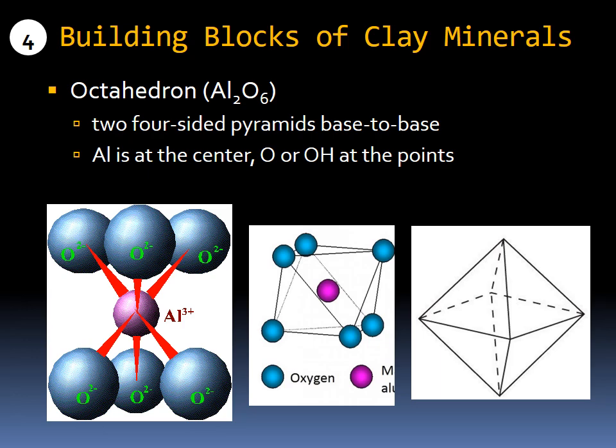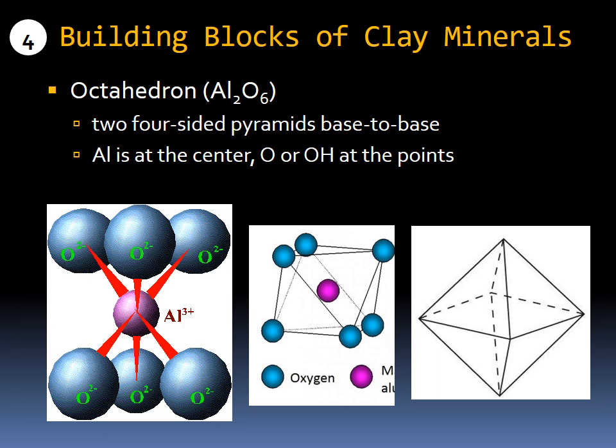Now from the term, octa means eight sides. The octahedron consists of two aluminum atoms at the center, and they are attached to six oxygen atoms. We know that each aluminum is 3+, and therefore it needs three oxygen atoms. So in total you have two aluminum at the center and six oxygen at the sides.